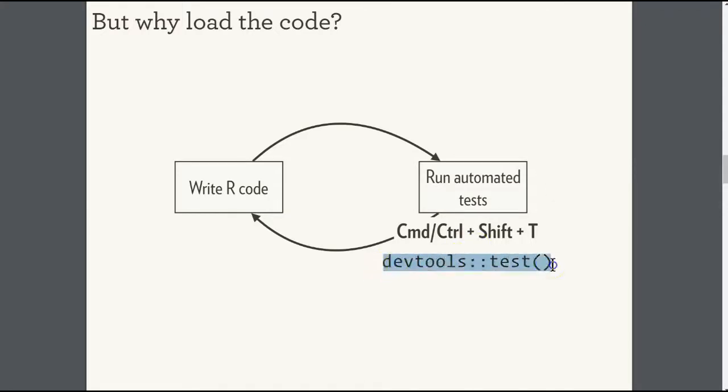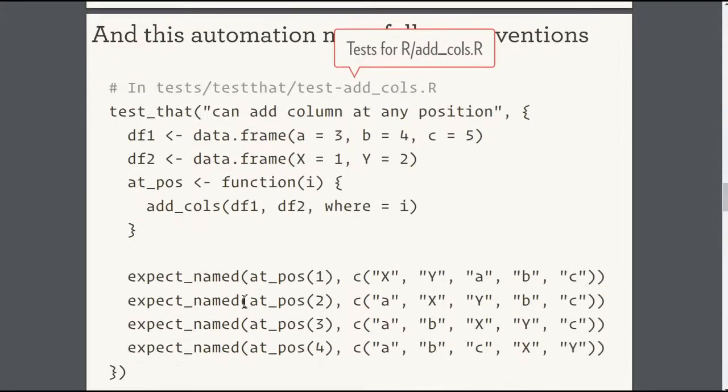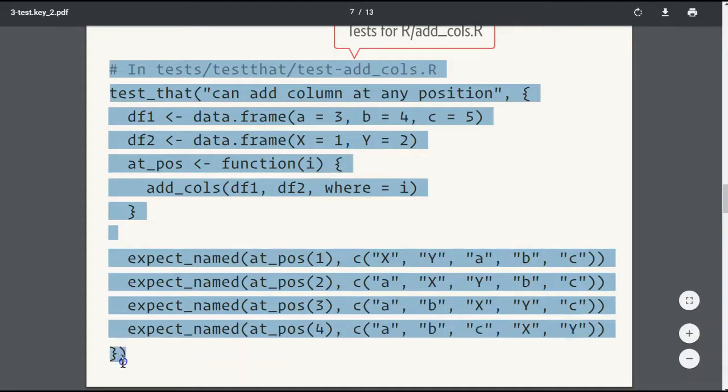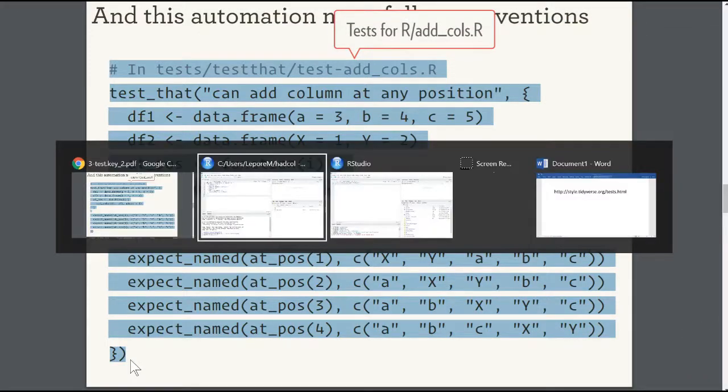So the function that runs your tests is the function devtools test, and you can run it with the keyboard shortcut Command or Control plus Shift plus T. So I'm going to show that, but before I can do that, I'm going to use usethis to write some tests. So the tests were given in the class by Hadley already, but you could create your own.